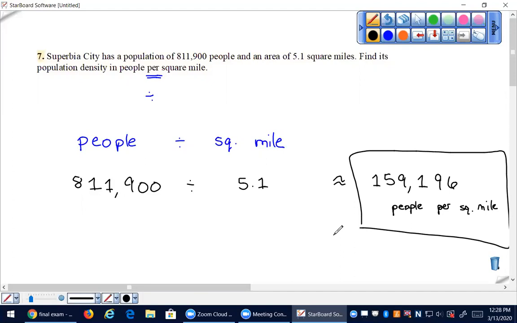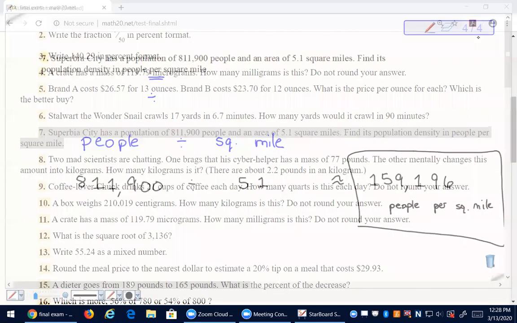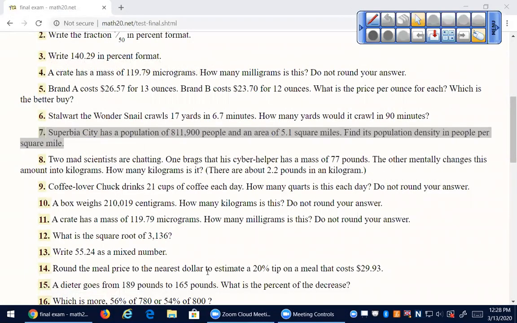So read it carefully. Per means divided. Do your division. Okay.